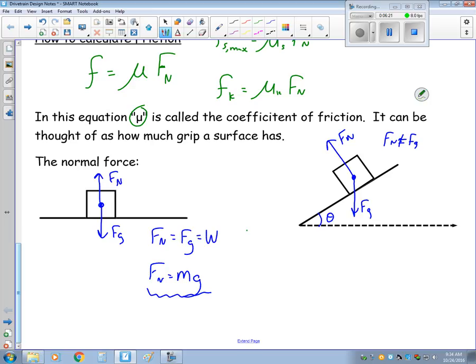This is where we get to do a little bit of math. We have this component, I'll call it F_GY, which equals the cosine component. So the normal force would equal this y component. We won't do a whole lot with this, but it is worth mentioning.